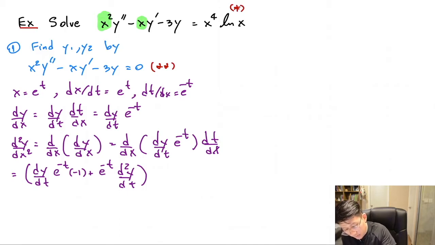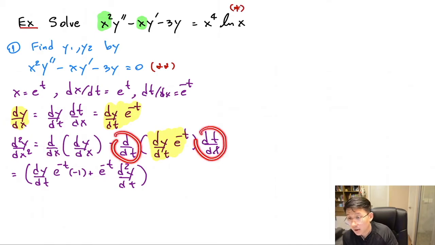Okay, guys, I'm sorry. dy by dx is actually this guy, so we put it here. Okay, and because we want to find d by dx, so we find d by dt and dt by dx.